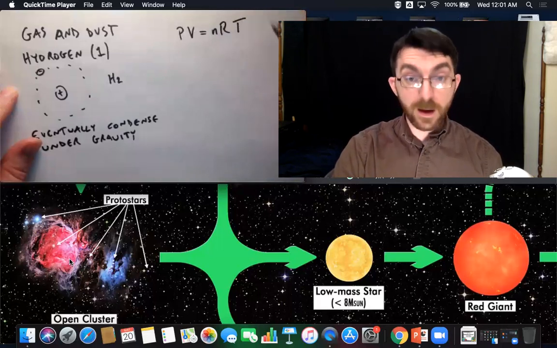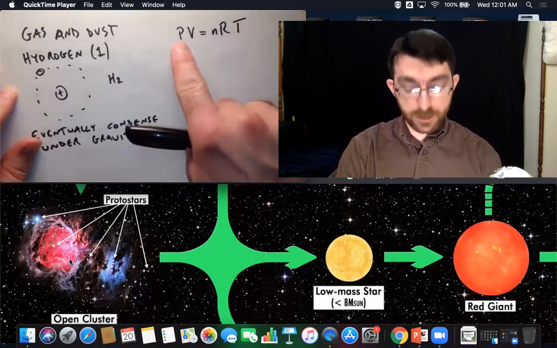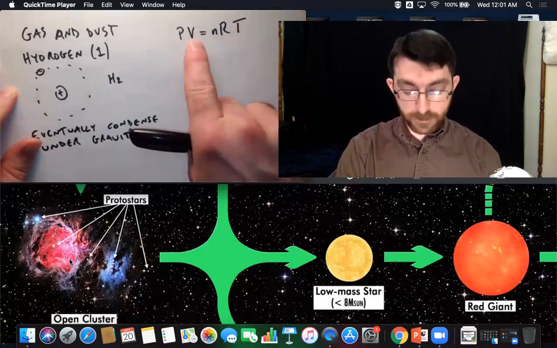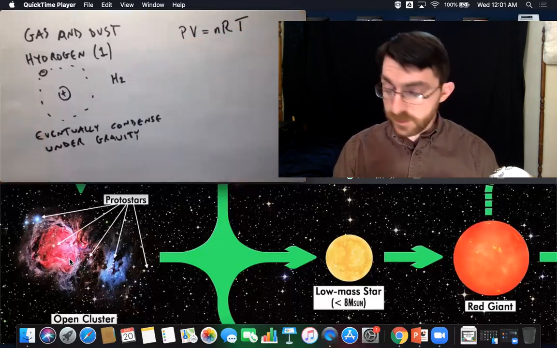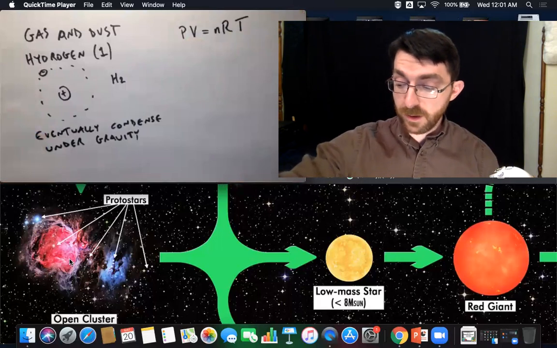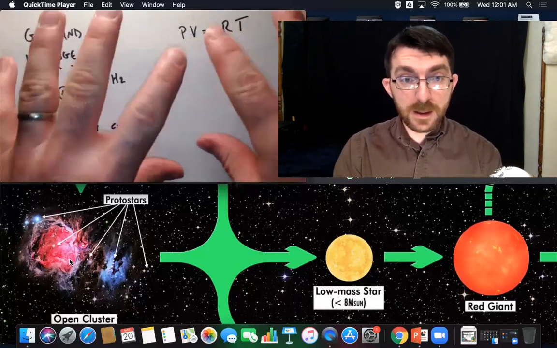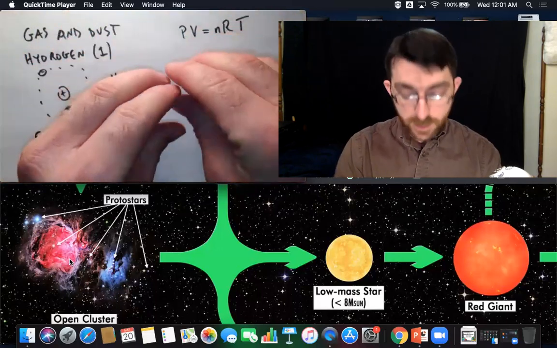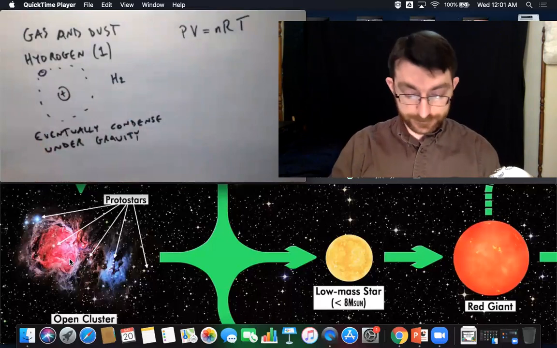You don't have to worry about N and R. This is pressure, this is volume, and this is temperature. And not to get too deep into the weeds of the chemistry here, but if a cloud is collapsing, it means that the volume is going down.